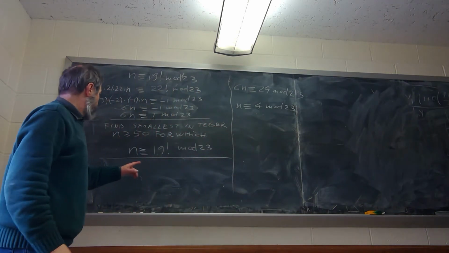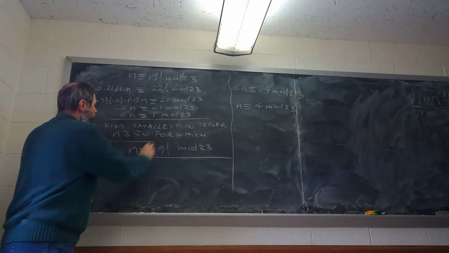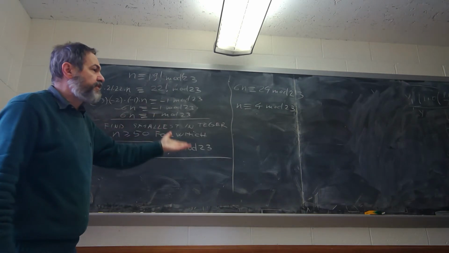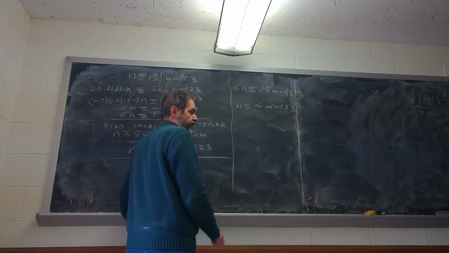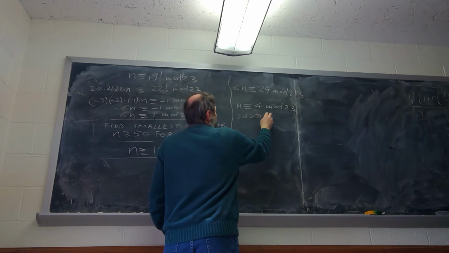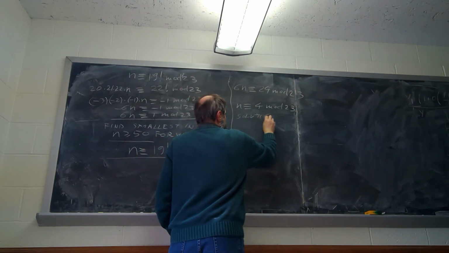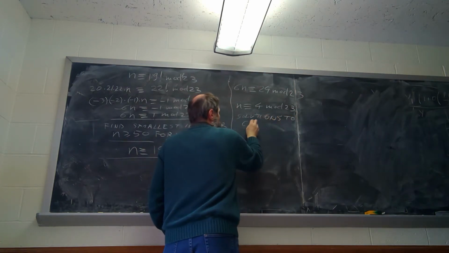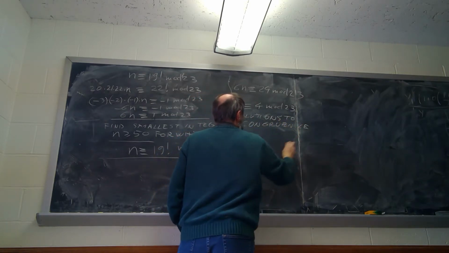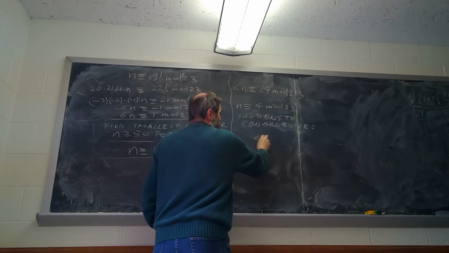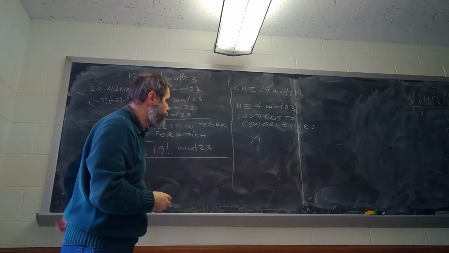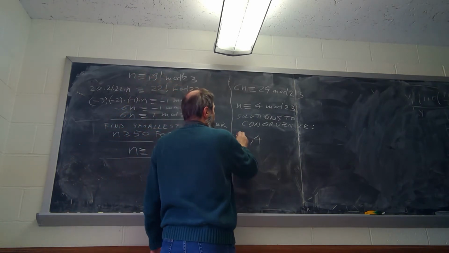Now, what is the answer to the problem? Is the smallest number larger than 50 that's congruent to 4? So this congruence has lots of solutions. 4 itself, 4 minus 23 should be negative 19.